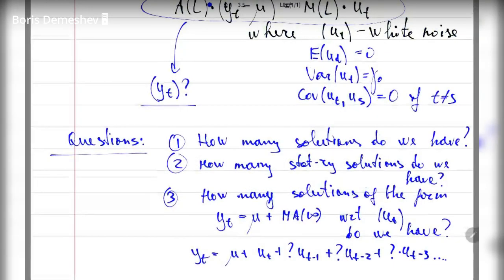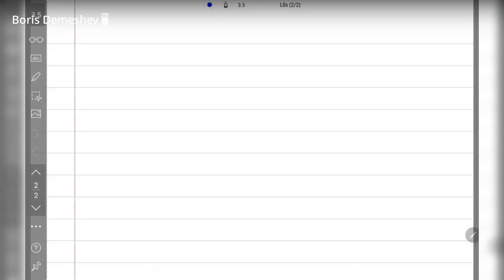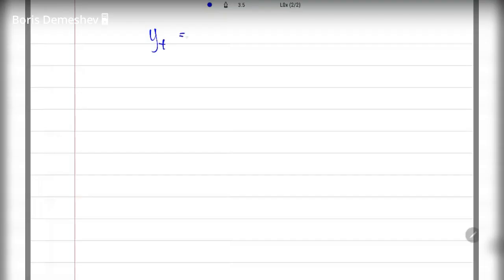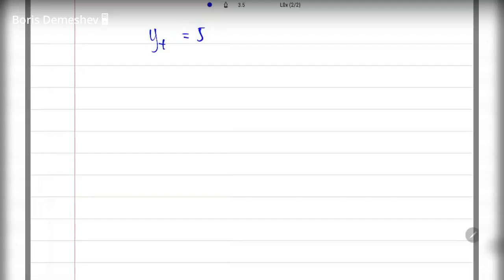First question is very easy. To answer the first question, we just need to consider 2 examples. Example 1: YT is equal to 5 plus UT plus 0.7 UT minus 1 plus 0.2 UT minus 2.